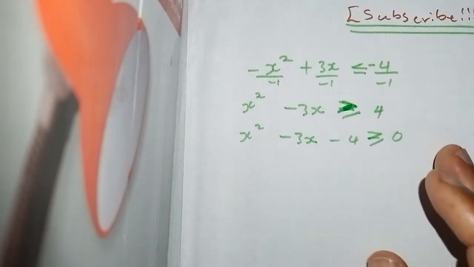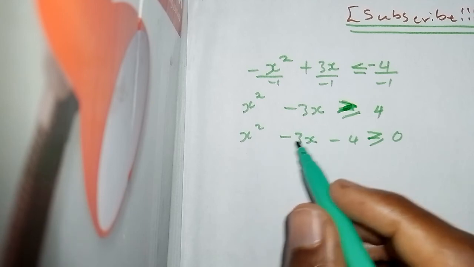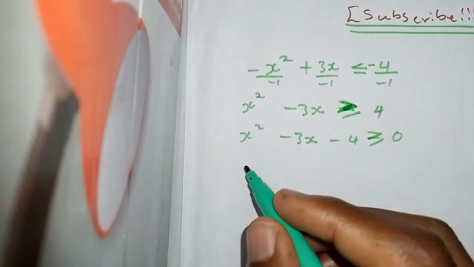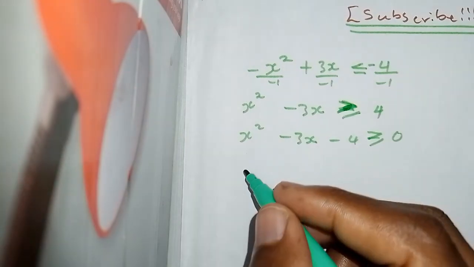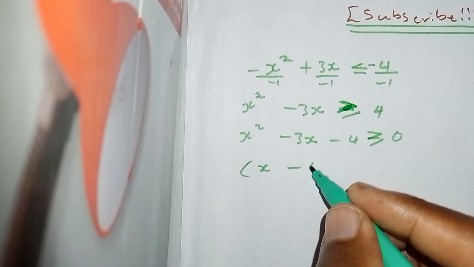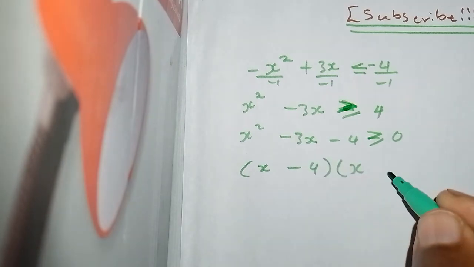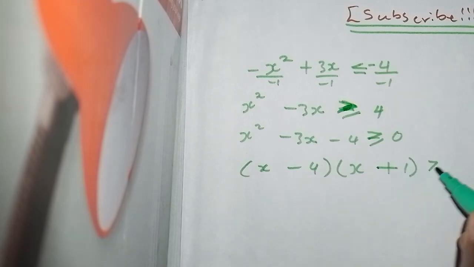And then after that, I can solve this without saying the critical values. I'm just going to say this is (x minus 4)(x plus 1), greater than or equal to 0.